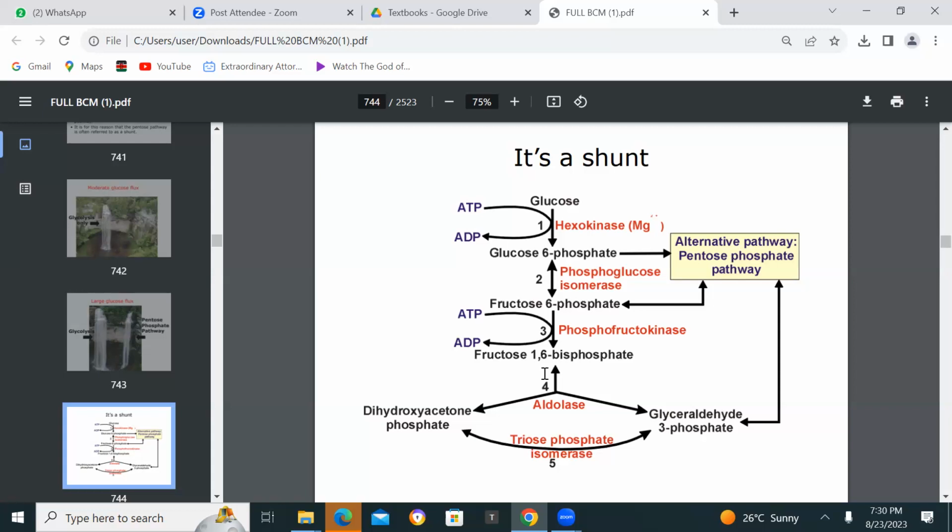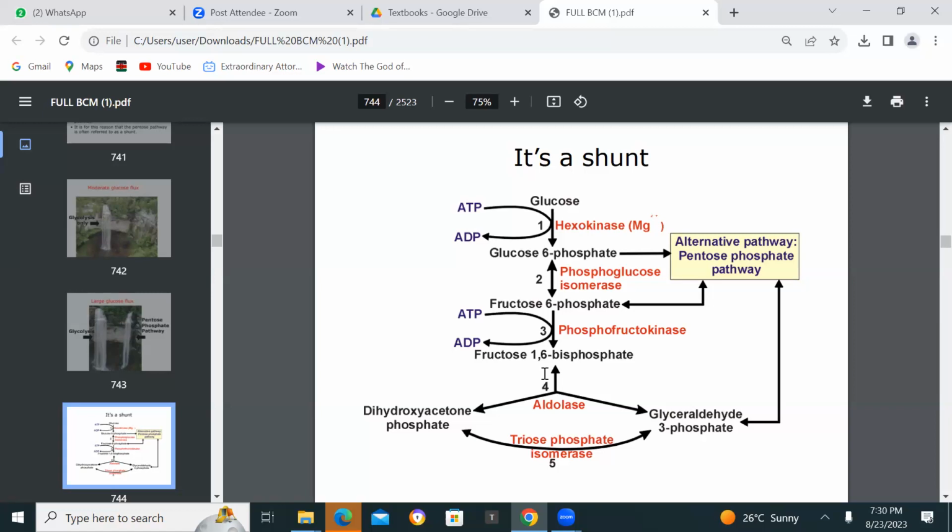If the body is experiencing a lot of reactive oxygen species, then you'd go towards producing more NADPH.